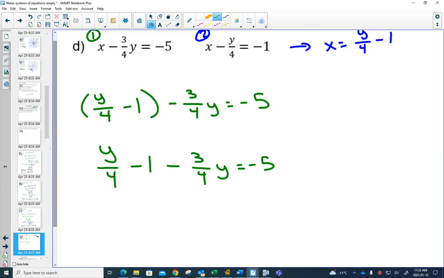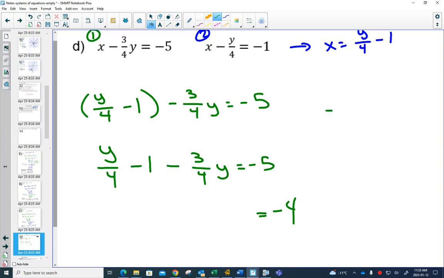Can you see that you have a -1 and a -5 that are like terms? So I could add 1 to both sides and get -4. What do I want to do with the fractions? Can you see that the fractions have a common denominator? This is y over 4. -3/4 y. Can you see that that's the same as -3y over 4?